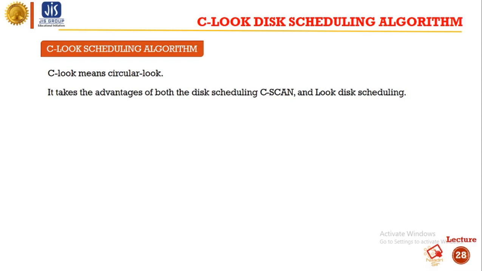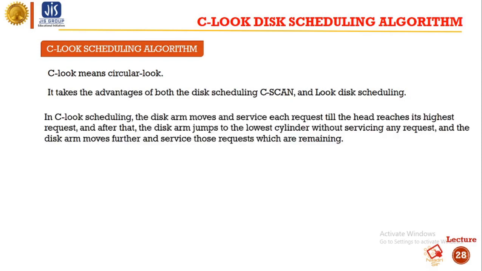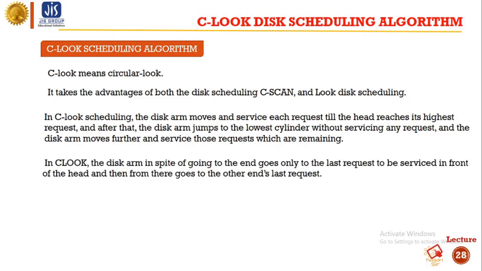In C-LOOK scheduling, the disk arm moves and services each request till the head reaches its highest request, and after that the disk arm jumps to the lowest cylinder without servicing any requests, and then moves further and services the remaining requests. In C-LOOK, the disk arm, in spite of going to the end, goes only to the last request to be serviced in front of the head, and then from there goes to the other end's last request.